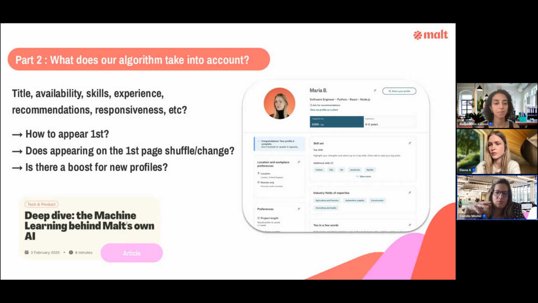The big part is more around the AI search, so what the algorithm will send directly to you when you get opportunities. It does not really go through the search, but it's another algorithm, and this is the biggest part of the business. And here you cannot really have any information around this.